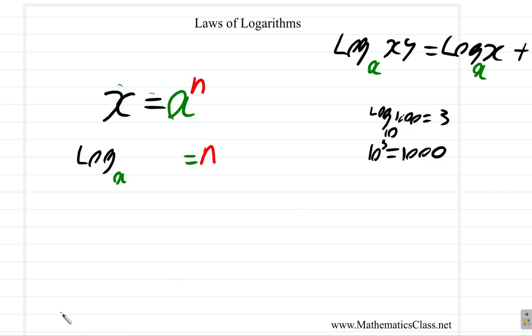We log 1000. So, in index form, the answer is x. In log form, x is the number that we log. So you see that? So the log of x is equal to n, where of course the base of the log is a.